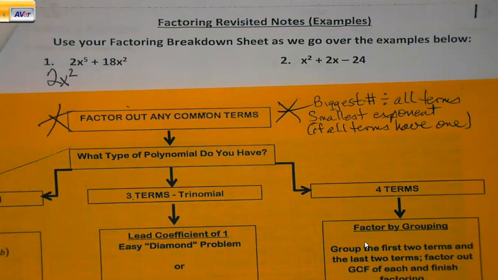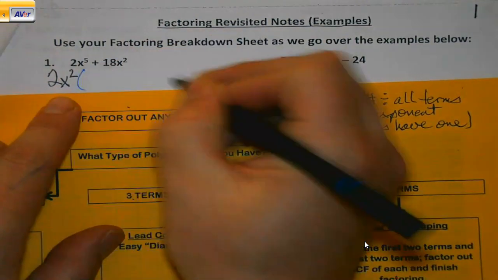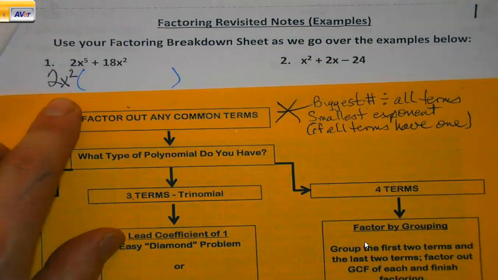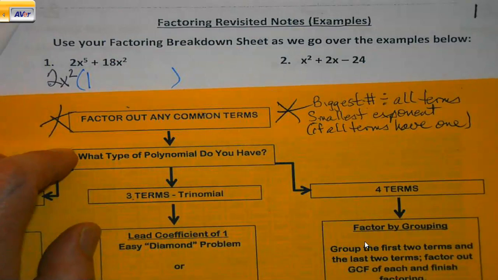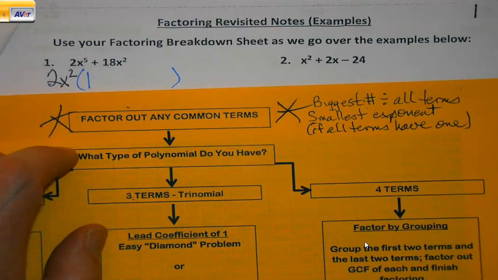Once those are out, all I'm basically doing is dividing that through to each of these. So I'm like, okay, 2 divided by 2 is 1. What do we do with exponents when you're dividing? Subtract.